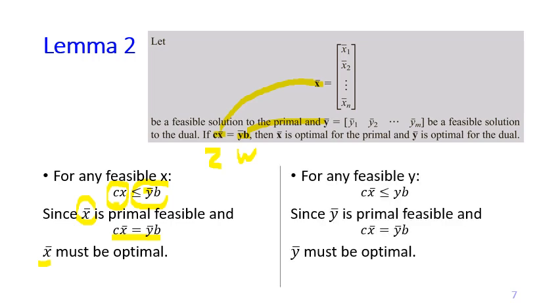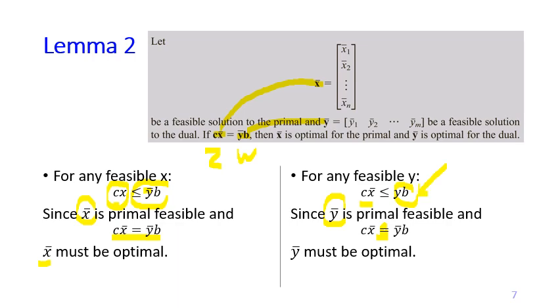Similarly, if we look at y, for any feasible y, we know that the value of yb must always be greater than or equal to c x bar. If we have a special y, which is y bar, that is exactly the same as c x bar, it means that y bar must be optimal. Because remember, our dual problem is minimization.